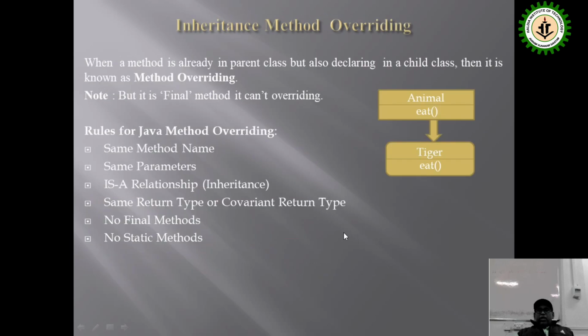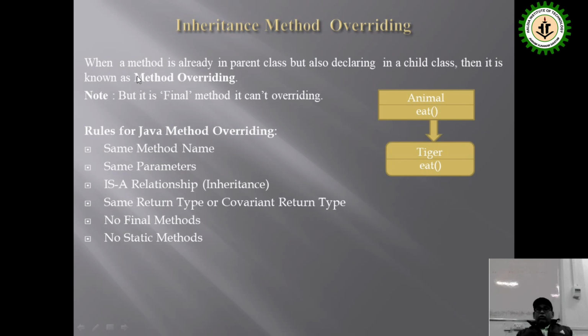Now, inheritance method overriding. What is overriding? When a method is already in the parent class but is also declared in a child class, it is known as method overriding. One method already declared in the parent class, but in the child class the same method is defined, then it is known as method overriding.